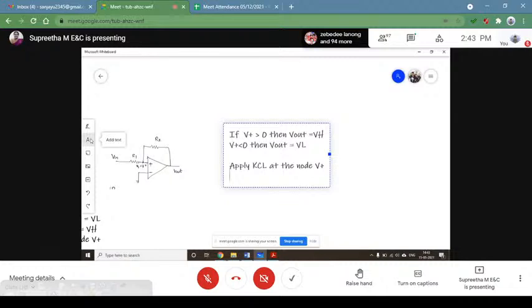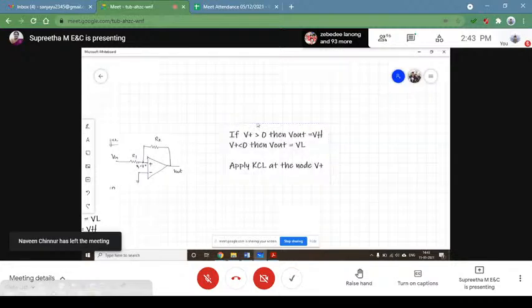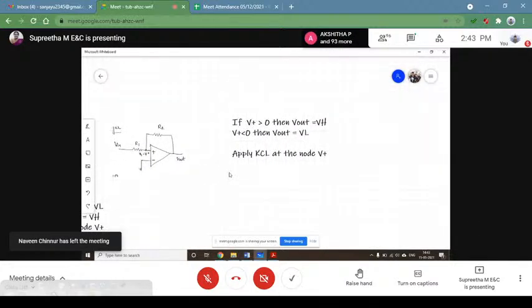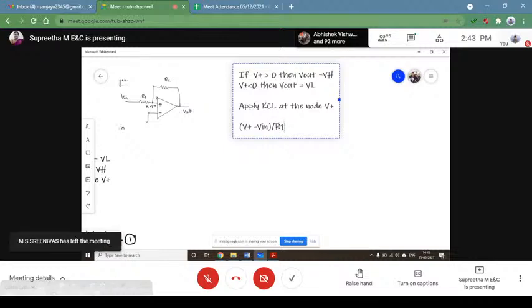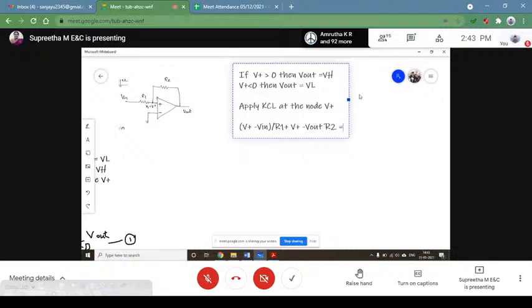So if you observe here, (V plus minus V in) divided by R1 plus (V plus minus V out) divided by R2 is equal to 0.